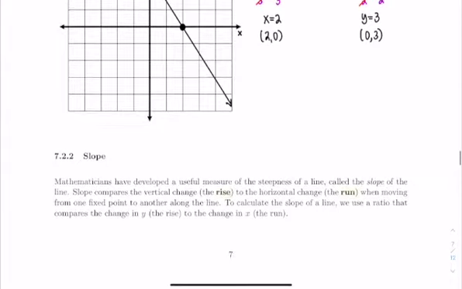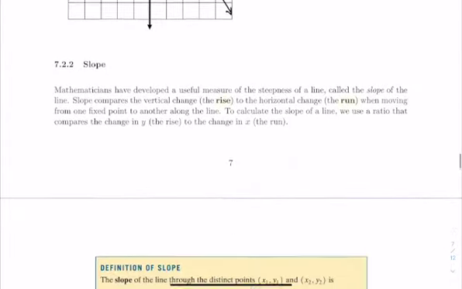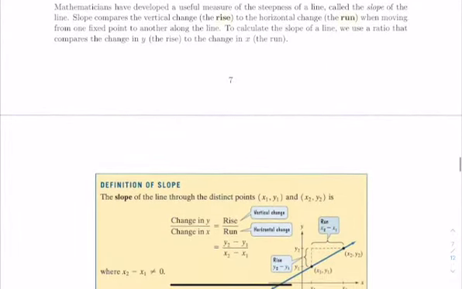Mathematicians have developed a useful measure of the steepness of a line called the slope of the line. Slopes compare the vertical change, or the rise, to the horizontal change, which is the run, when moving from one fixed point to another along the line. To calculate the slope, we use a ratio that compares the change in y to the change in x.